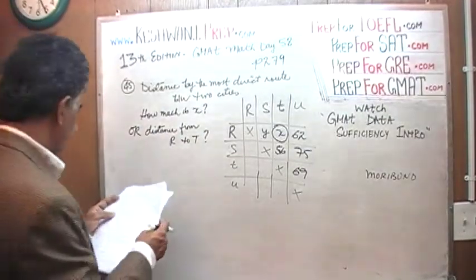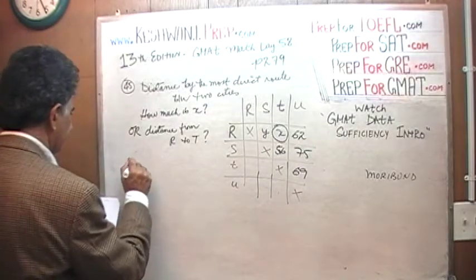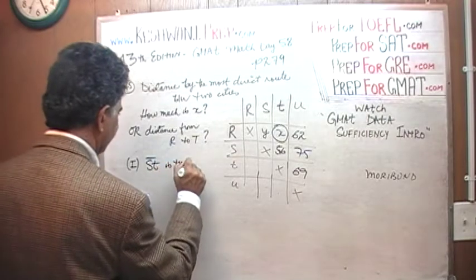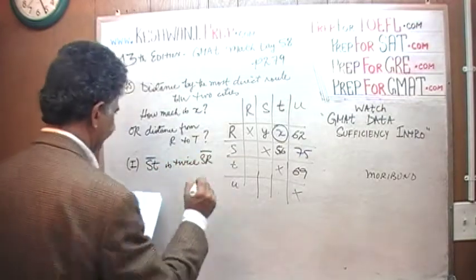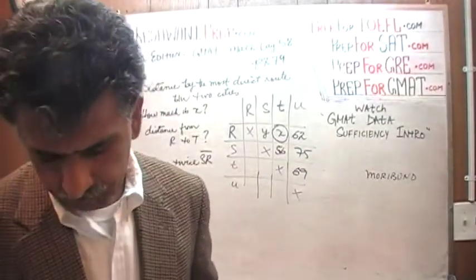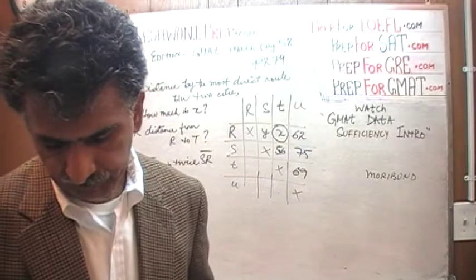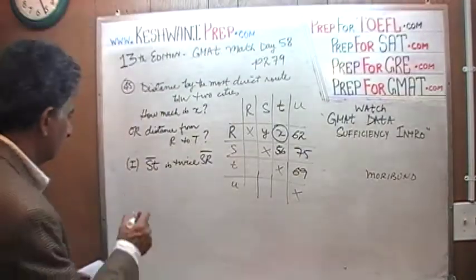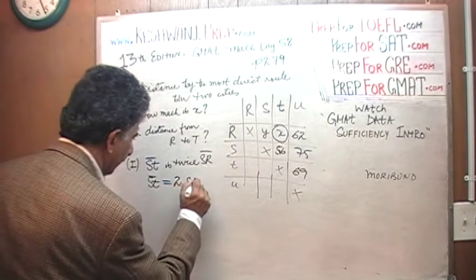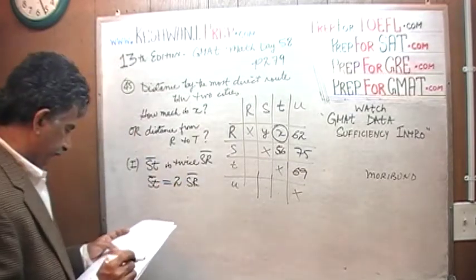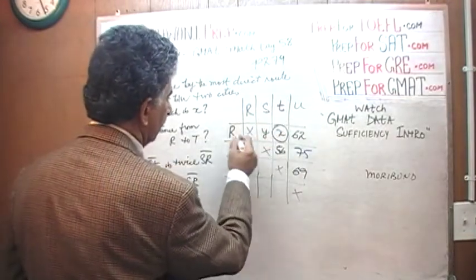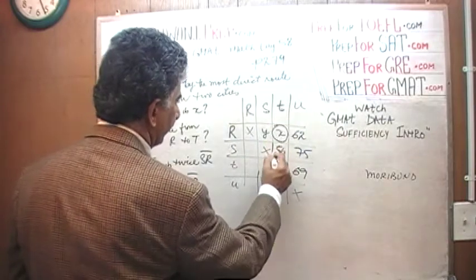The first statement tells us, let me read it to you: by the most direct route, the distance from S to T is twice the distance from S to R. So S to T is 2 times S to R. Well, S to T, right here, that's 56.